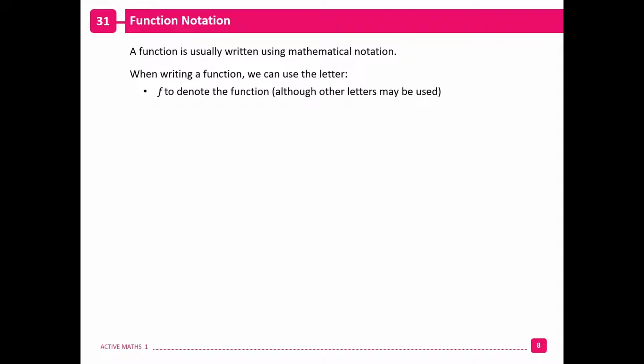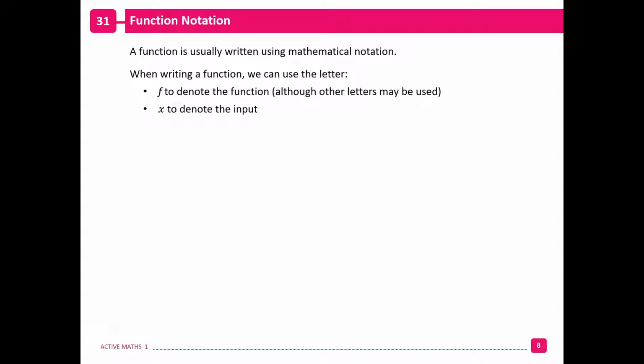So we name it the letter f most commonly, although other letters may be used. If there are more than one function in a question, for example, you might have a function f, a function g, and a function h. Or actually you could have any letter at all, but you'll notice f, g, and h being used more often than any other letter.